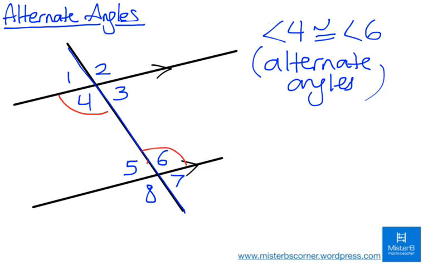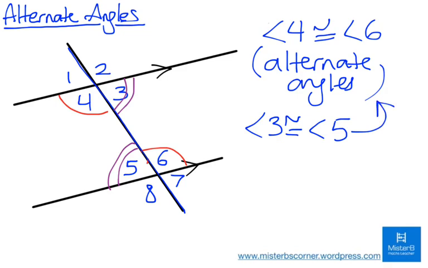Now, there are more pairs, of course. If we go with, say, 3, we can find that 5 is an alternate pair. So I can say angle 3 is congruent to angle 5. And the reason is, again, alternate angles. There's another one.